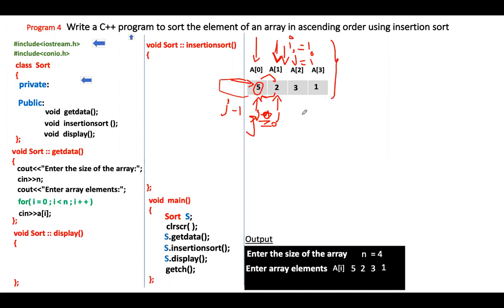That is why we use a for loop, such that it will jump onto the next memory location, such that it can again transfer this value from here to here by comparing, and this value from here to here. Then simultaneously, next this will become j, and this will become j minus 1. This value will be transferred here, and this value will be transferred here.